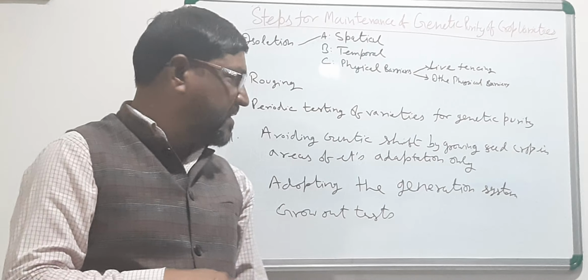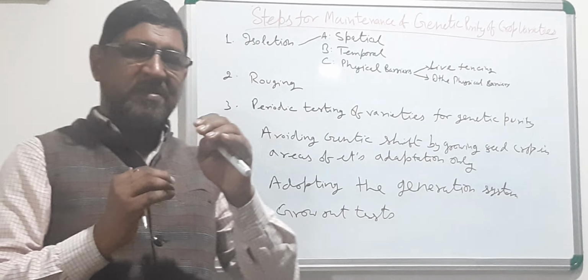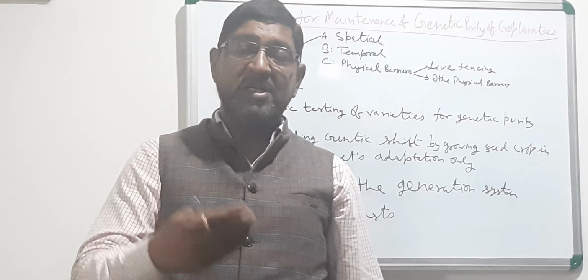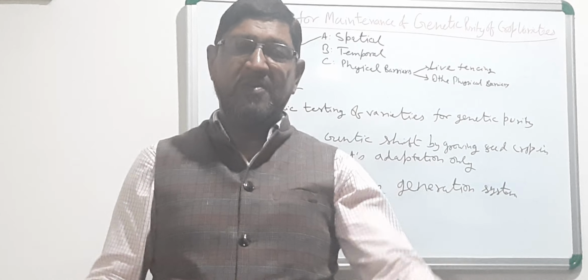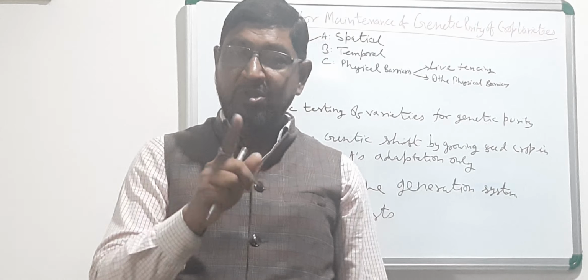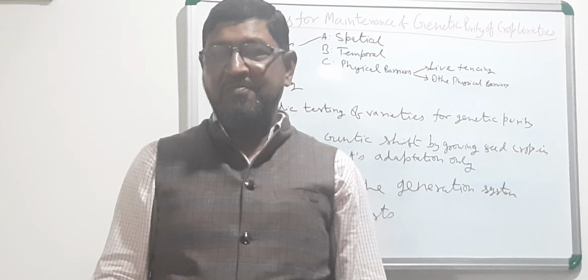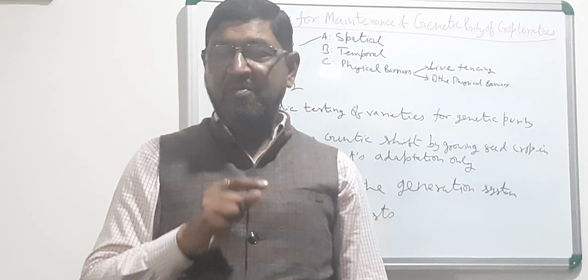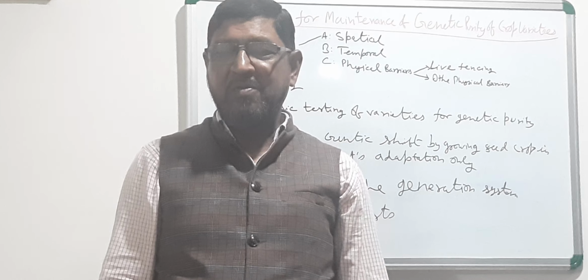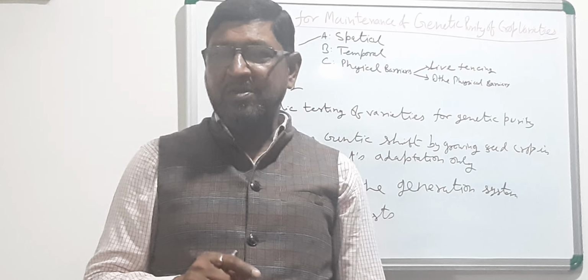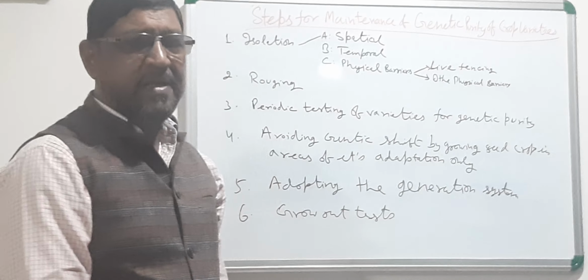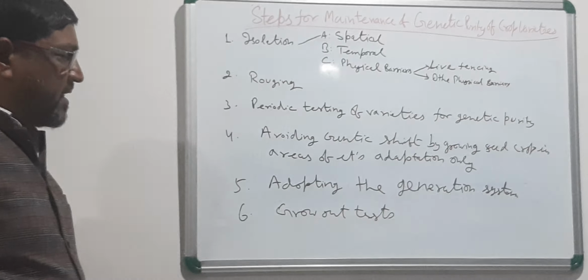This is the meaning of the generation system, because the genetic purity of the seed deteriorates in different generations. For producing breeder seed, you use nucleus seed. If you are willing to produce foundation seed, you take breeder seed. It doesn't mean that you take foundation seed for producing foundation seed. This is the meaning of adopting the generation system properly.